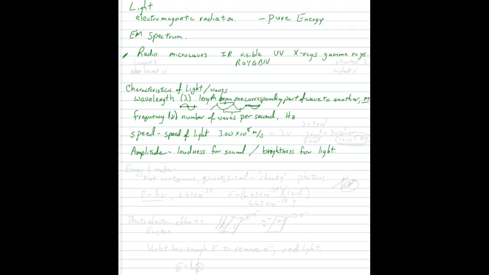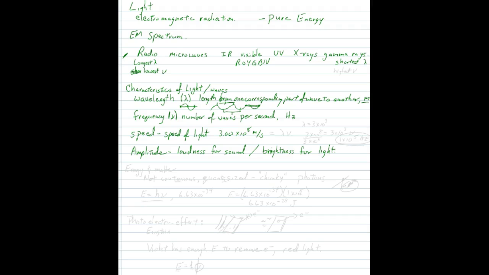Up here on the electromagnetic spectrum, radio waves have the longest wavelength. That means gamma rays have the shortest wavelength. Radio waves have the smallest, or lowest, frequency.